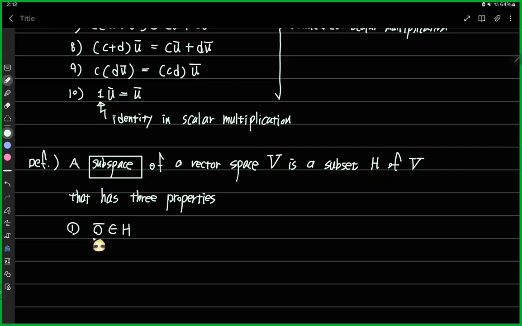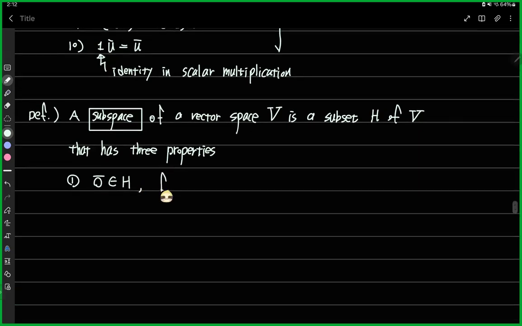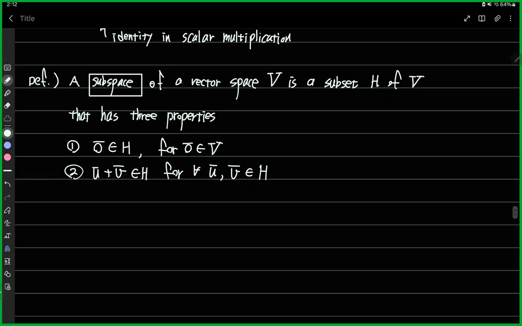Second, the zero vector must belong to that subset H. The second condition is that u plus v is in H for any vectors u and v in H. So when you pick two vectors in H, the sum of those vectors must belong to H. The third one: C times u is in H for all vectors u in H, where C must be a real number.